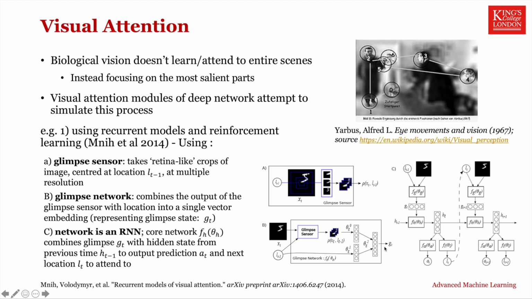The whole network is then implemented as a recurrence where the core network f_h combines this glimpse encoding with the states learnt at the previous iteration to return a prediction for that glimpse, for example, an object classification, as well as a proposed next location to glimpse at.